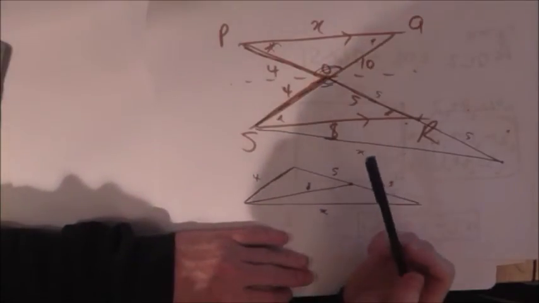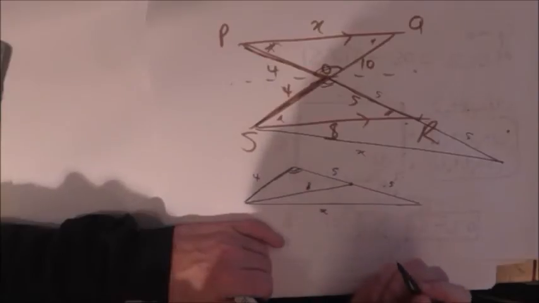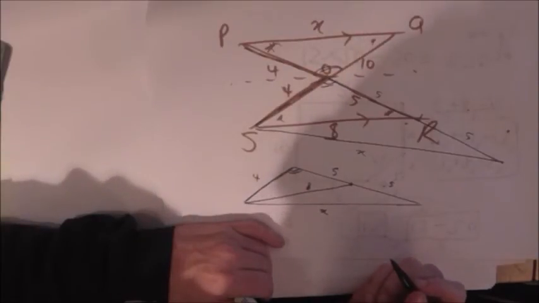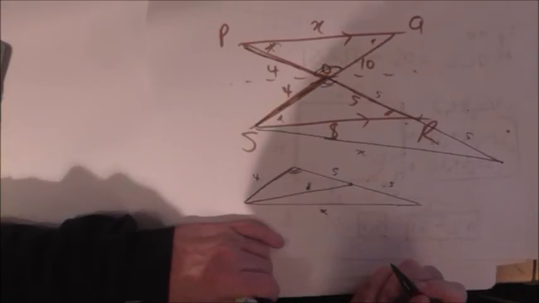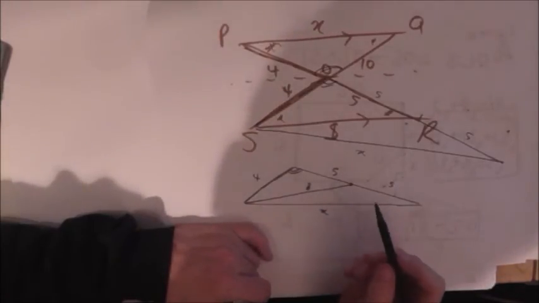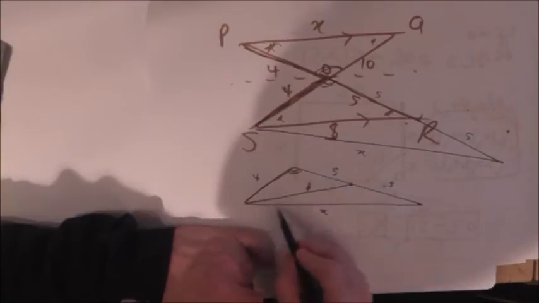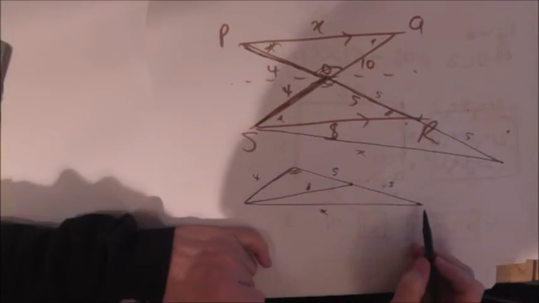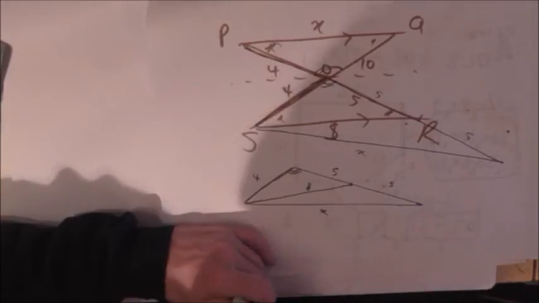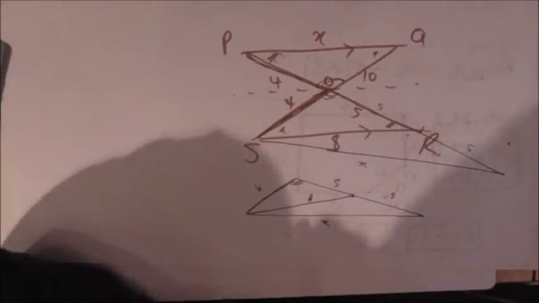Well, I said I'm not allowed to use a calculator. If I could use a calculator, I could use the cosine rule to work out that angle, and then I could use the cosine rule again to find that one. But it's not very efficient to use the cosine rule, especially if you're not allowed to use a calculator.